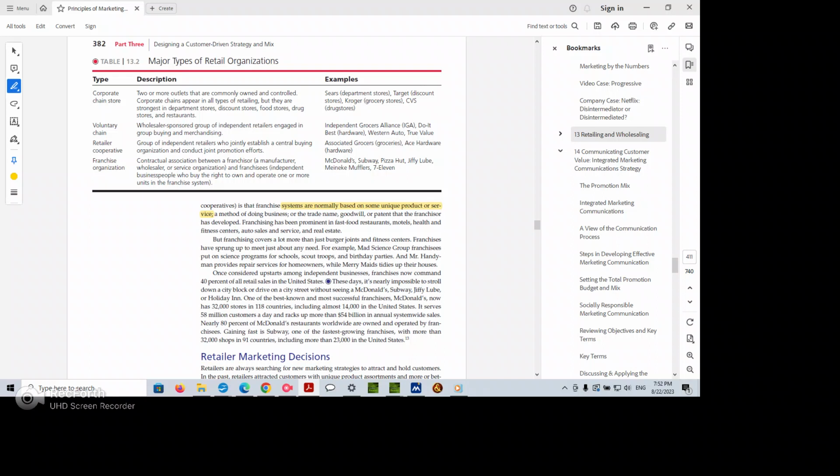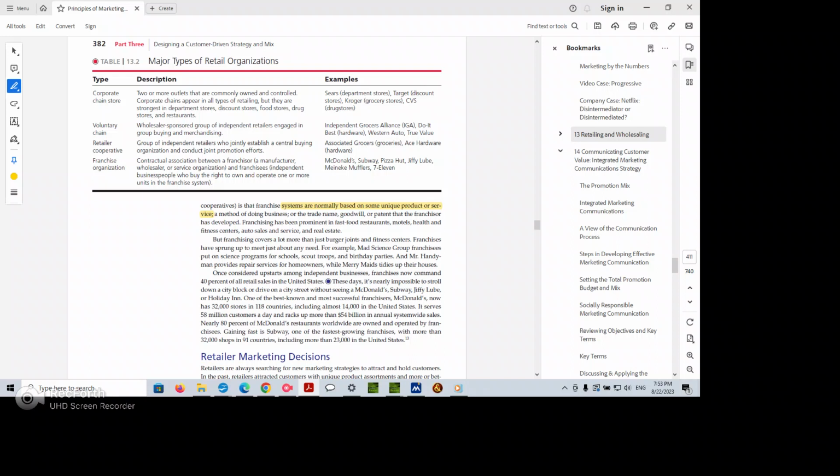So these are different niches under the same sort of retailing scheme type. Once considered upstarts among independent businesses, franchises now command 40% of all retail sales in the United States. These days it's nearly impossible to stroll down a city block or drive down a city street without seeing a McDonald's, Subway, Jiffy Lube, or Holiday Inn.